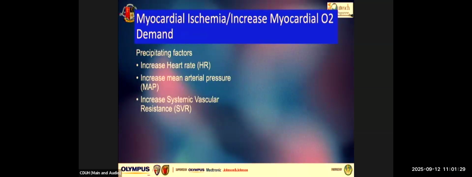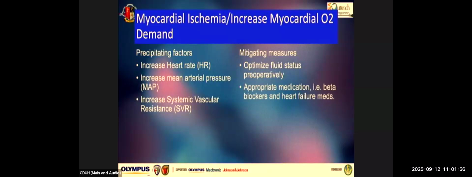Patients, especially with a recent cardiovascular event, may not be able to tolerate increases in preload and afterload, resulting in a decrease in cardiac output. Cardiac ischemia may be precipitated by an increase in heart rate, mean arterial pressure, and increased vascular resistance. So to mitigate this, we must plan for an optimal fluid status pre-op.